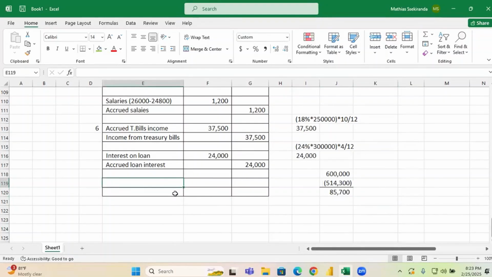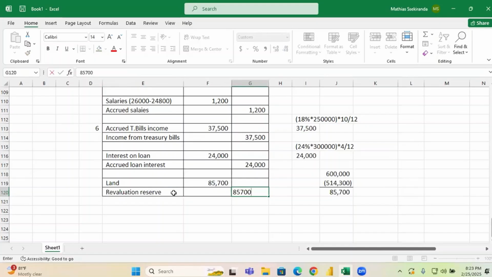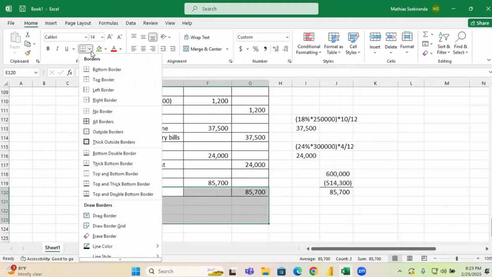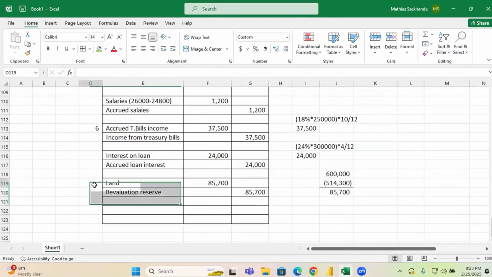85,700. Since land is increasing, you debit land, because when an asset is increasing, you debit it, and credit what we call revaluation reserve. Normally we call it revaluation gain, but I like to show that this figure is going to the revaluation reserve as a gain on revaluation.